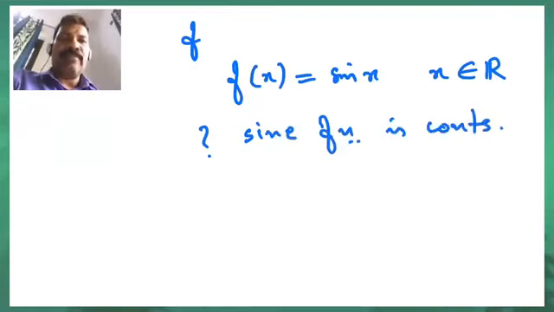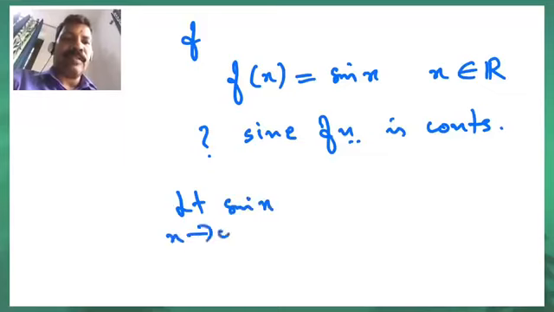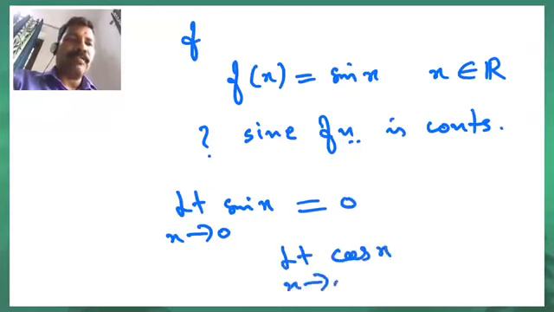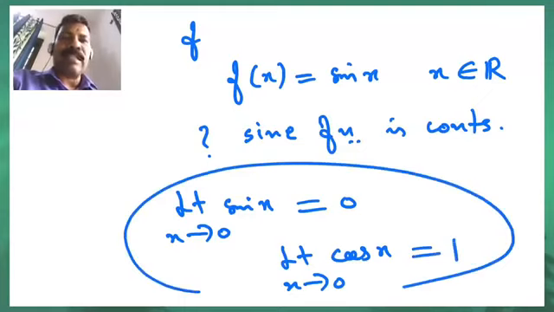Prior to that, we want some basic results, that is limit of sin x as x tends to 0 is 0 and the limit of cos x as x tends to 0 equals 1. So we shall have certain visualization for that and shall come back.